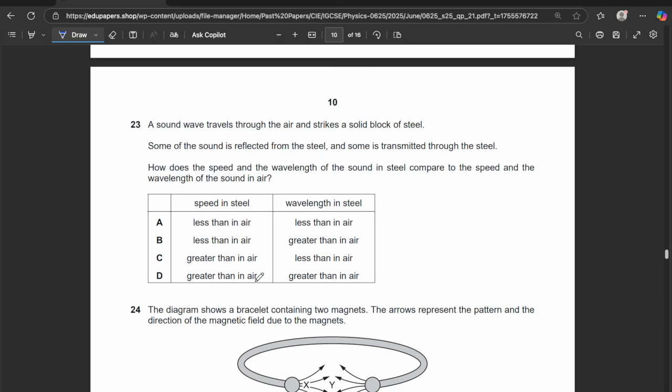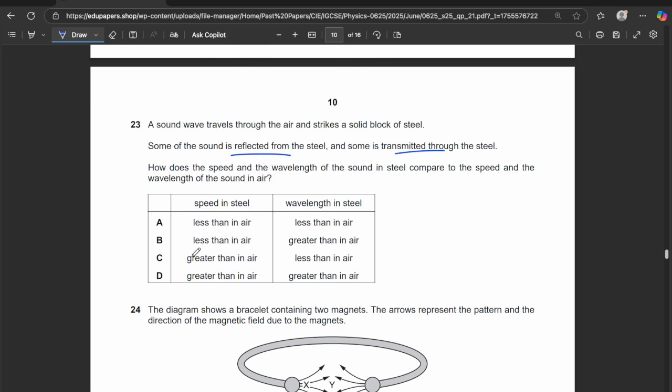23. A sound wave travels through the air and strikes a solid block of steel. Some of the sound is reflected from the steel and some is transmitted through the steel. How does the speed and the wavelength of the sound in steel compare to the speed and the wavelength of the sound in air? So speed of sound is faster in solids, right, because of higher density.